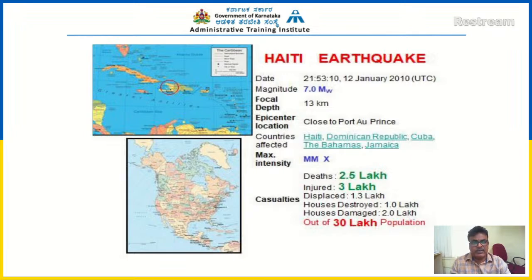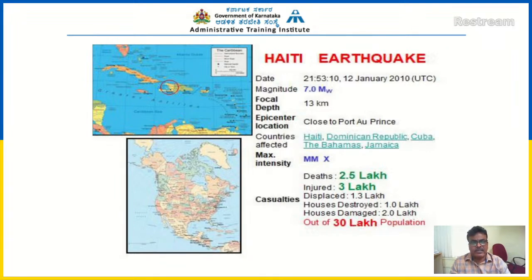So what is the ratio? You can say 1:6 or 1:5. Almost one person has died out of five people. This is the problem in earthquakes. So you need to be very careful while building houses.